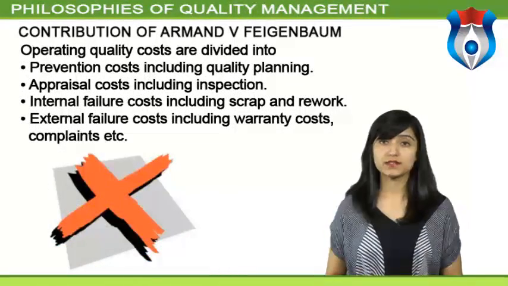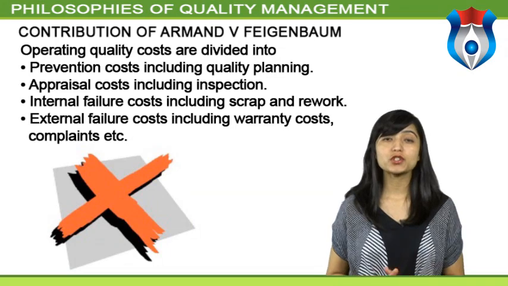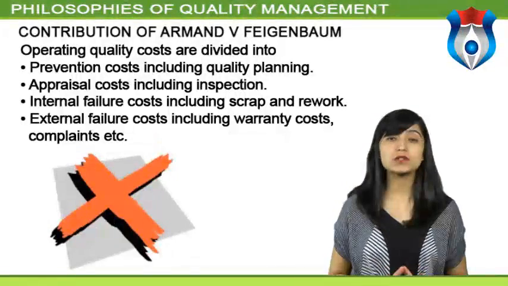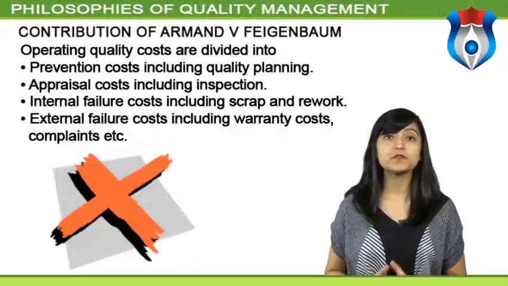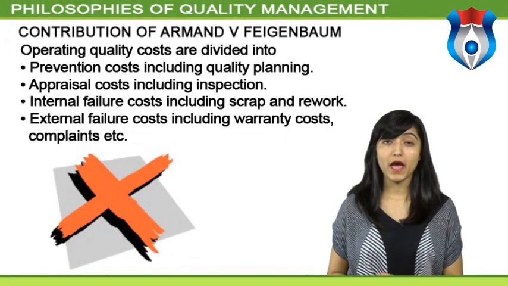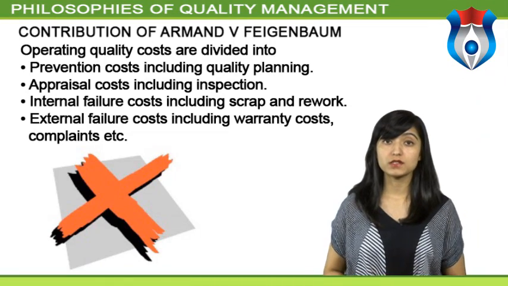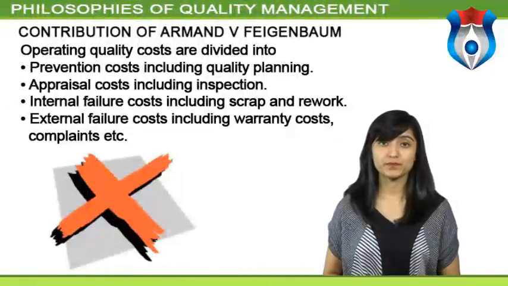Operating quality costs are divided into prevention costs including quality planning, appraisal costs including inspection, internal failure costs including scrap and rework, external failure costs including warranty costs, complaints, etc.